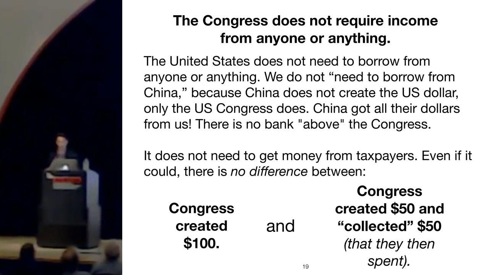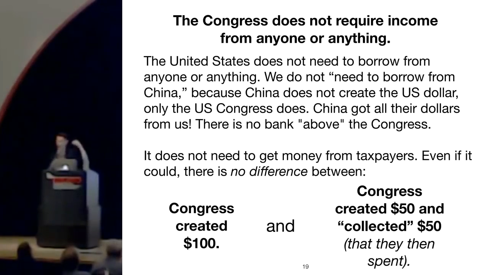So the Congress doesn't require income, which means that they don't need to borrow from anyone or anything. We don't need to borrow from China because we create the money as much as we want, whenever we want, for whatever we want. And China doesn't create the dollar anyway. They have to get it from us.